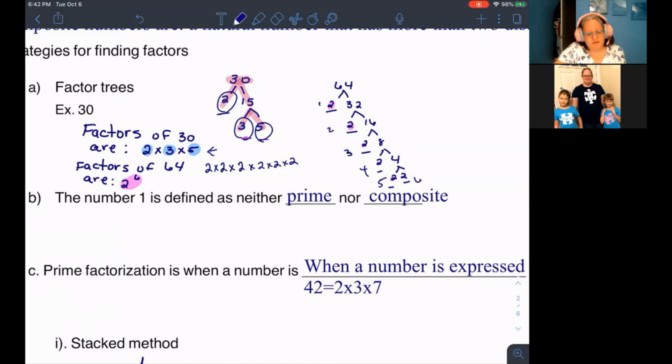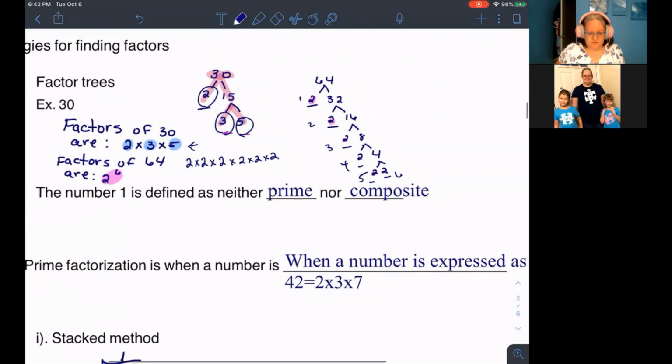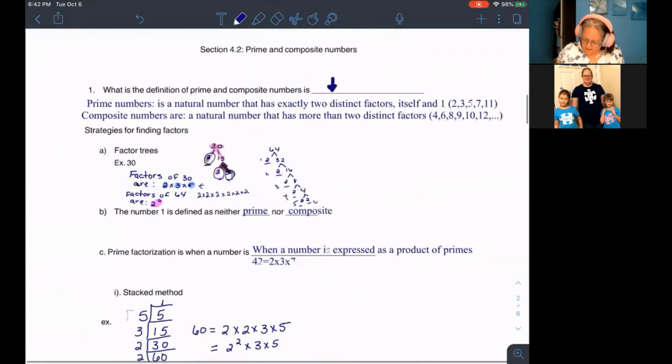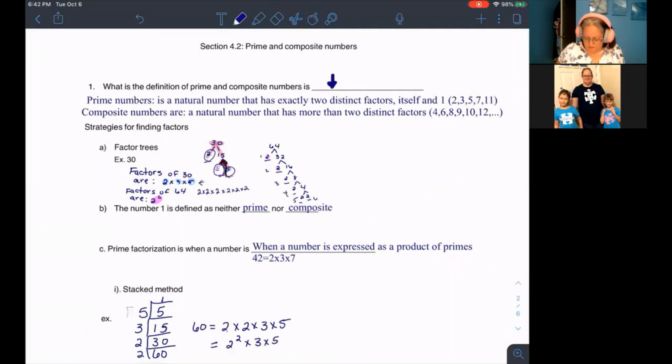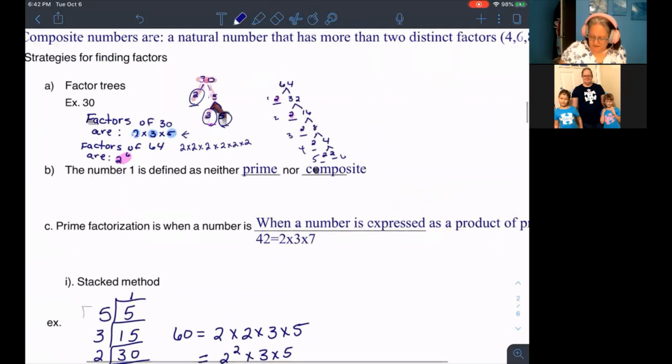Prime factorization is when a number is expressed as a product of primes. So you could say 42 is the same as 2 and 21. But that's not really prime factorization, because not all the factors are prime in this equation: 21 is not prime.